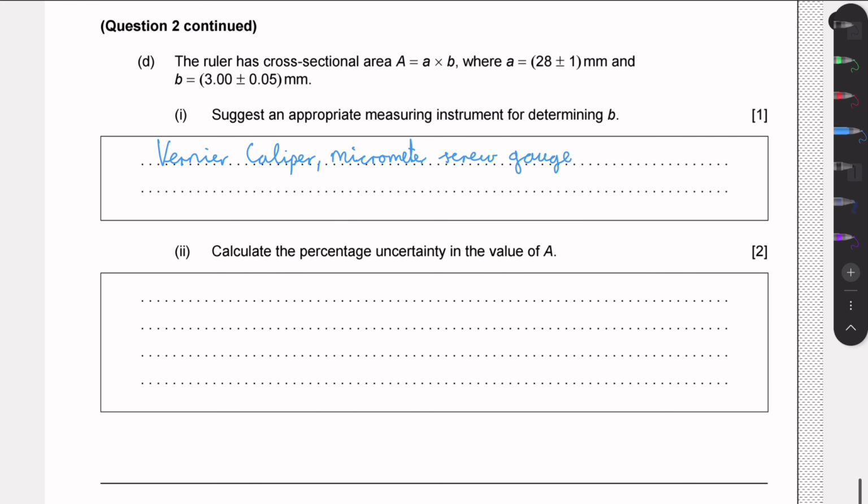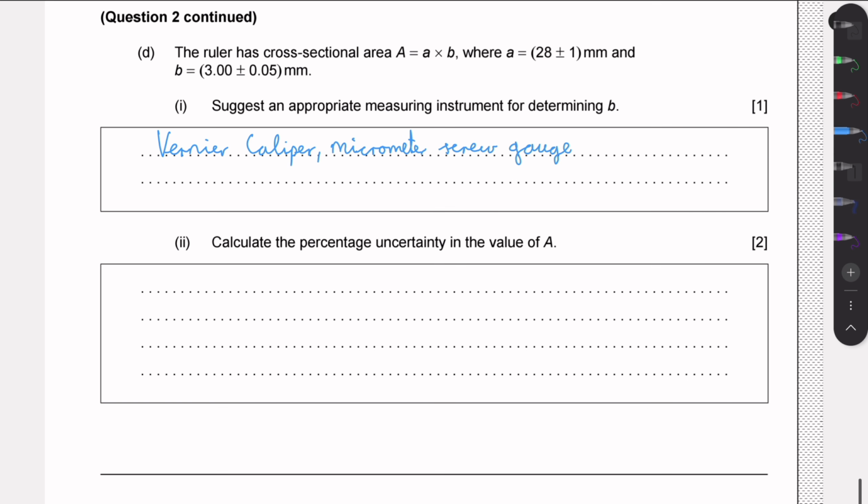And then in part 2, finally, for this paper, we need to calculate the percentage uncertainty in the value of A. Just like I mentioned at the very beginning of this paper, percentage uncertainty and fractional uncertainty are very closely related. They just have a factor of 100. When we multiply variables, we add their fractional uncertainties. So the fractional uncertainty in A is the fractional uncertainty in small a plus the fractional uncertainty in small b.